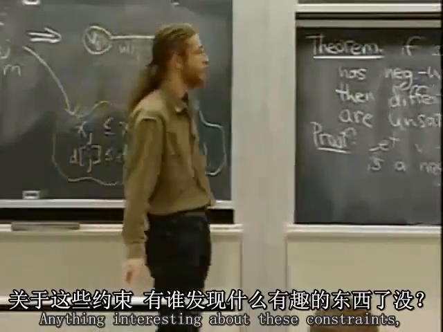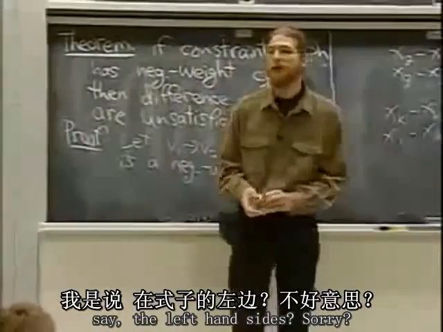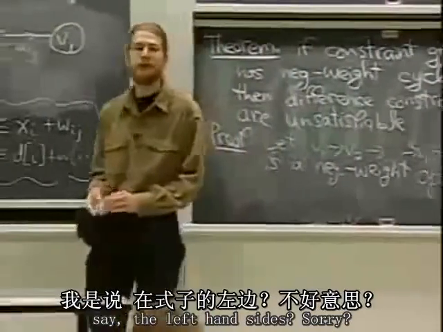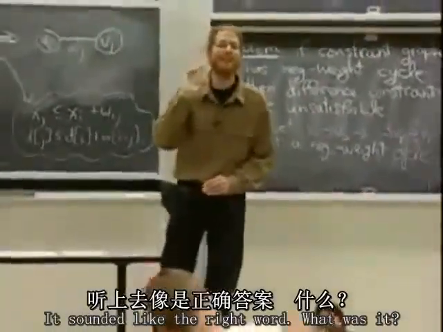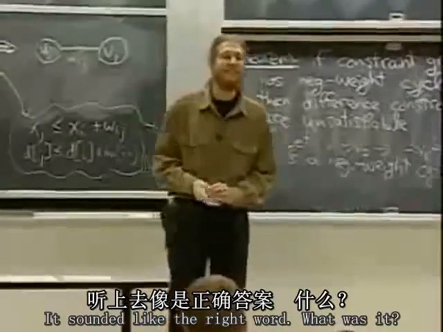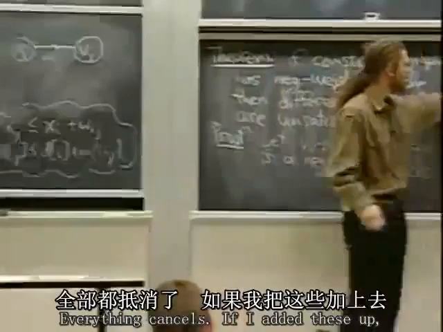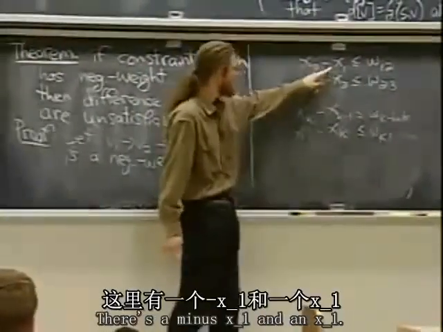Anything interesting about these constraints, say the left-hand sides? What was it? Telescopes, yes, good. Everything cancels. If I added these up, there's an x2 and a minus x2. There's an x minus x1 and an x1.